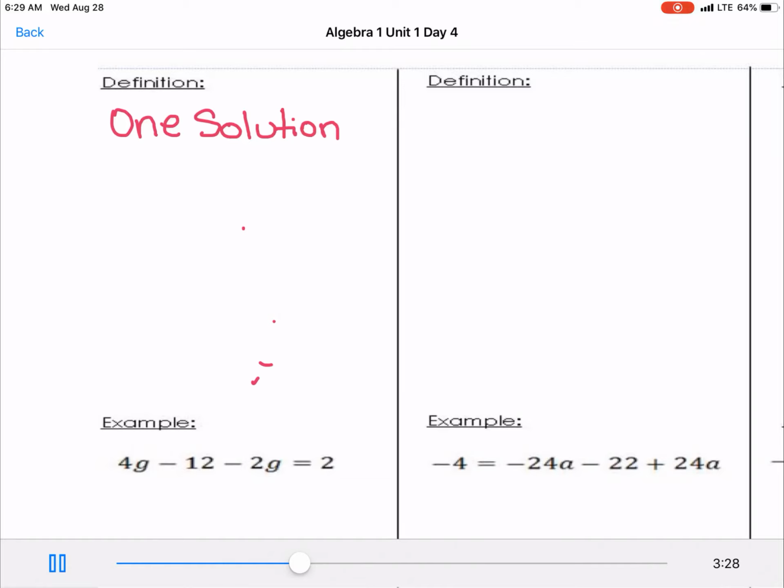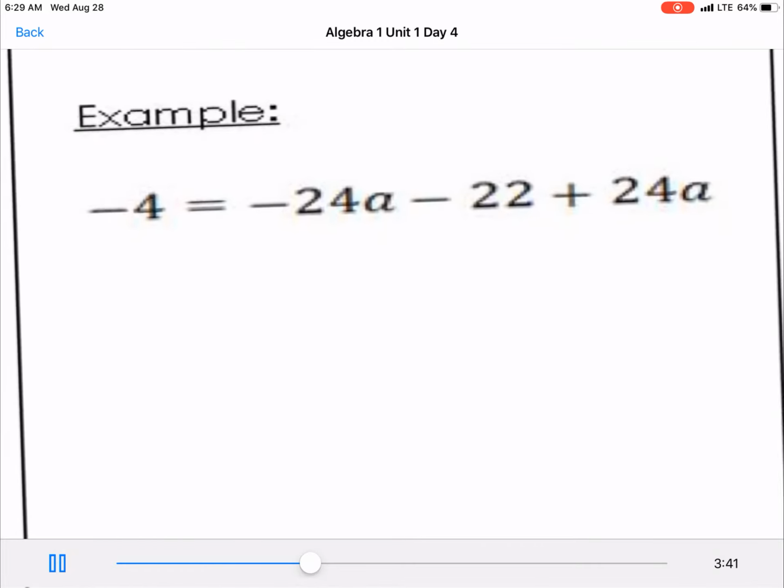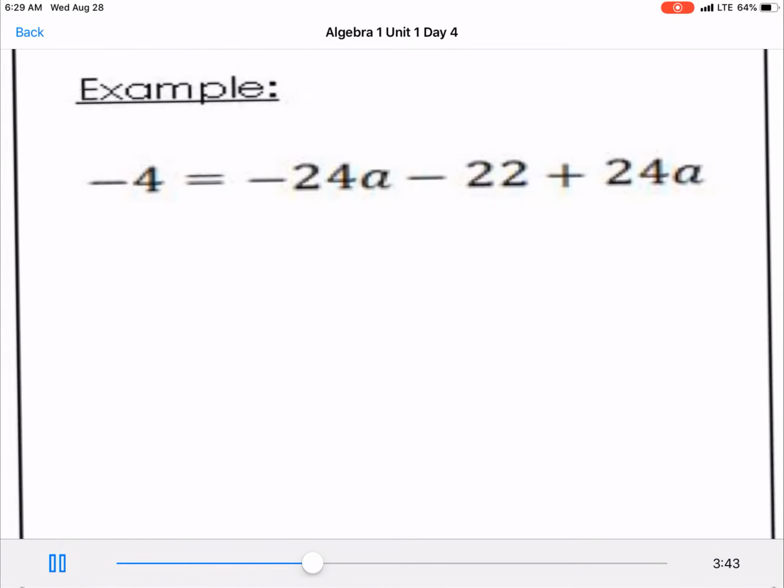Then let's do the other one. In this example, remember the first thing we have to check is if we have parentheses. We don't have any parentheses, then combine like terms.